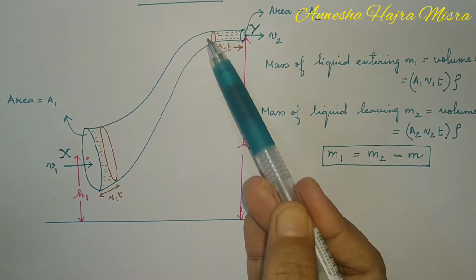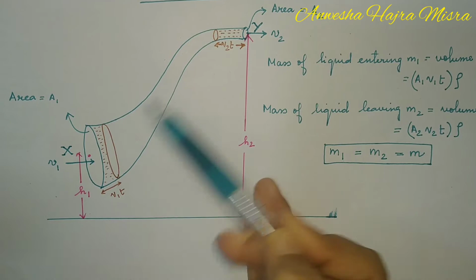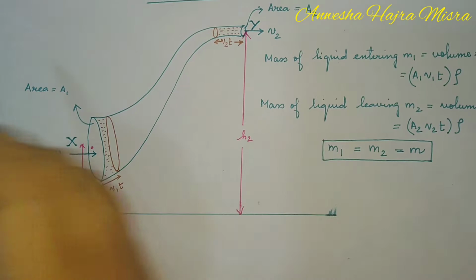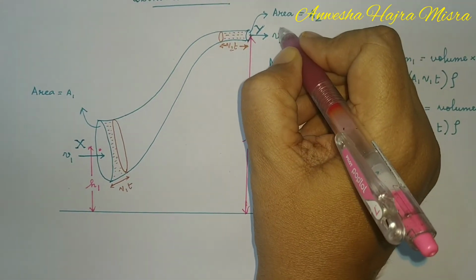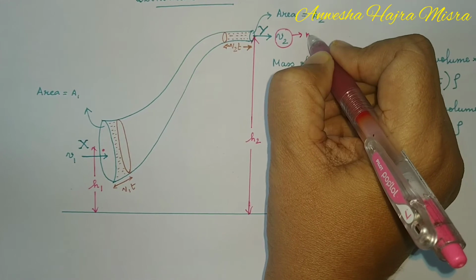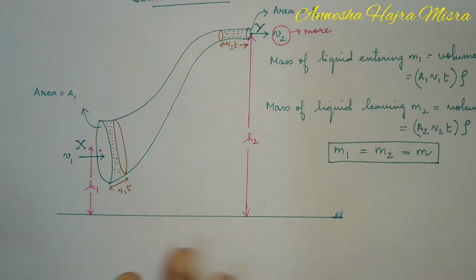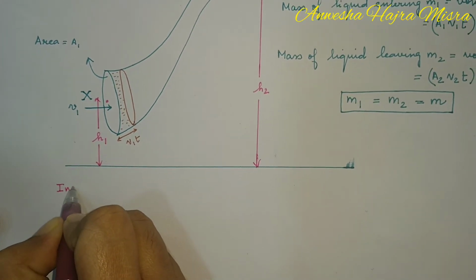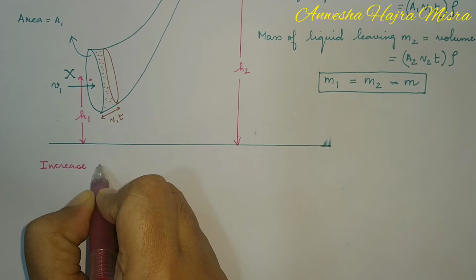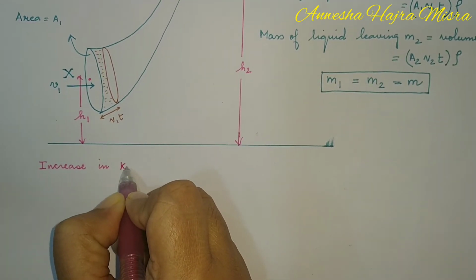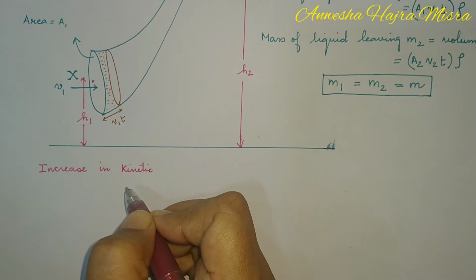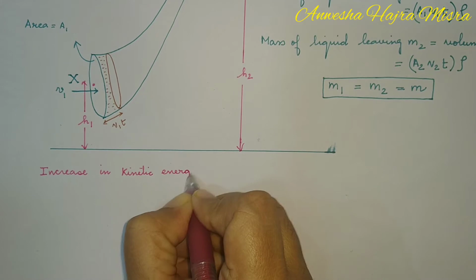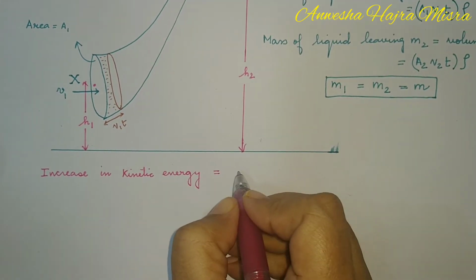So what happens? Kinetic energy from here to here increases because v2 is more, but the mass remains the same. Therefore, there is an increase in kinetic energy from x to y. What is that?